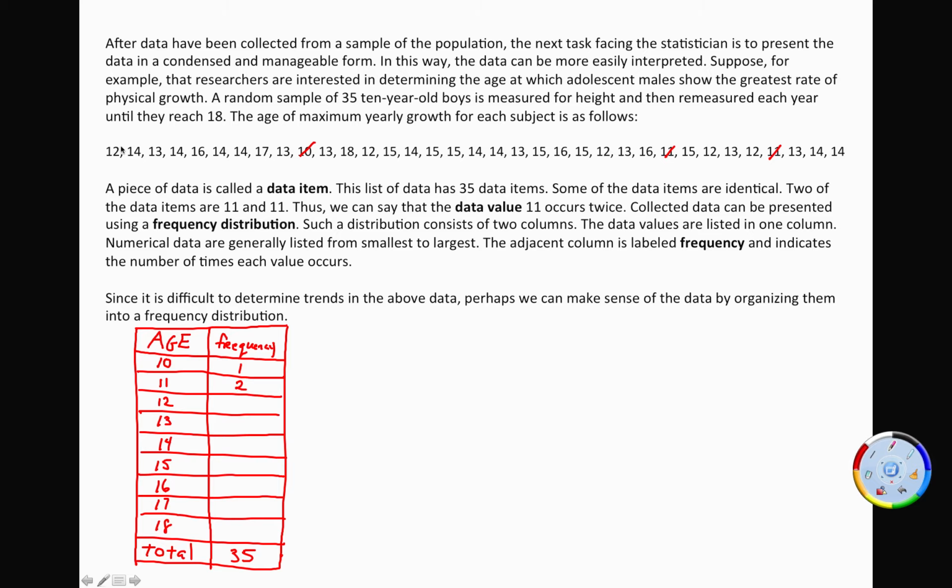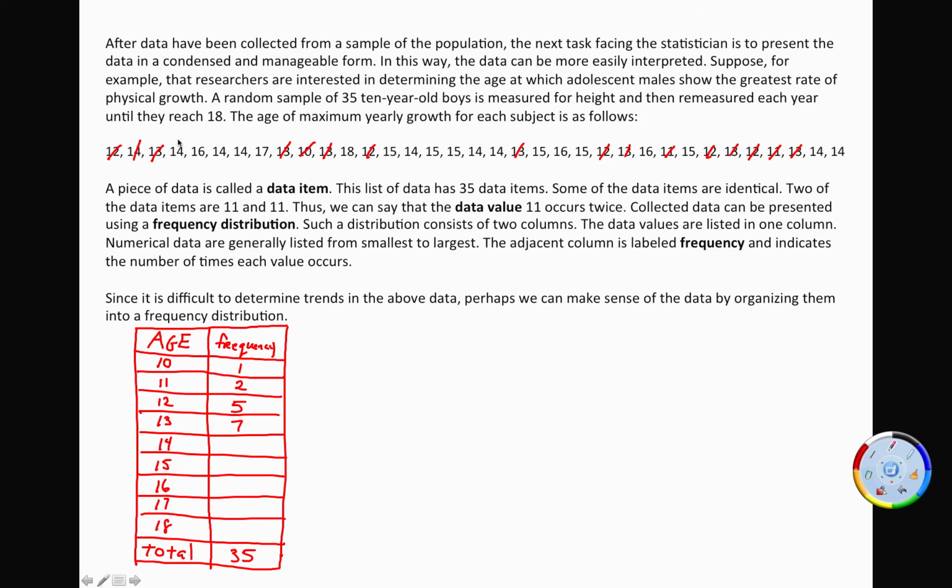And I'm going to do the same all the way across. 12: 1, 2, 3, 4, 5. Yeah, we counted the 12s just a minute ago, didn't we? 13: 1, 2, 3, 4, 5, 6, 7.